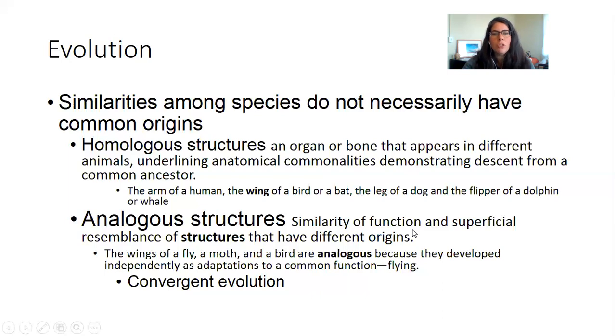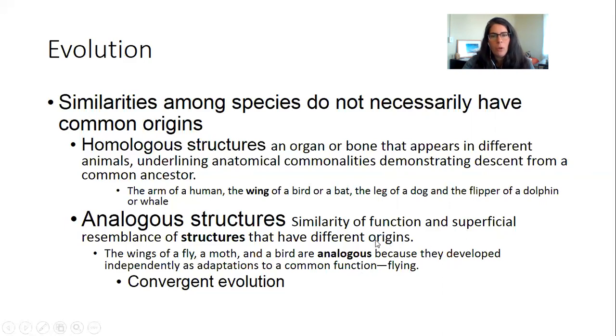So the function could be flying, but we have a wing of a fly, the wing of a moth, and a bird. They developed independently. They don't have a common ancestor, but they have a common function, which is flying. So it's a superficial resemblance of these structures.